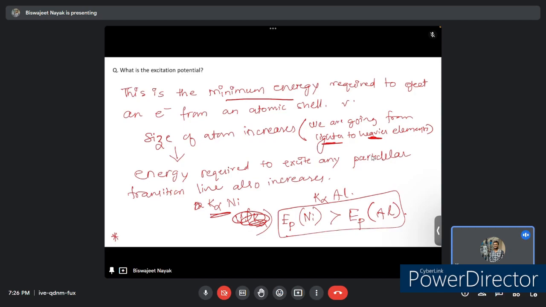The excitation potential of the K shell increases extensively with even a small increase in the atomic number, like when we go from, let's say, copper to zinc, the atomic number is increasing, but the excitation potential will be drastically higher.